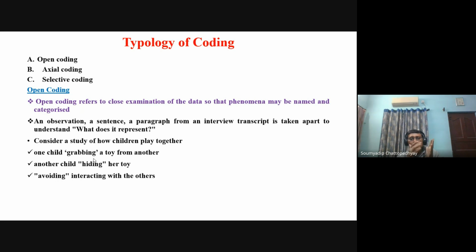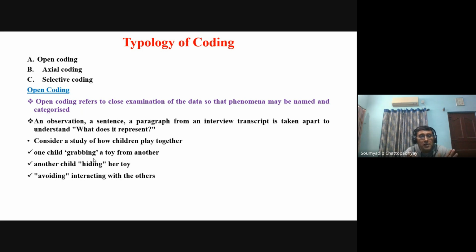Now, apart from these three, you can think of many other possible ways through which children may play together. This is the simplest example. There are many complex situations where you can think of innumerable alternatives related to any particular question.